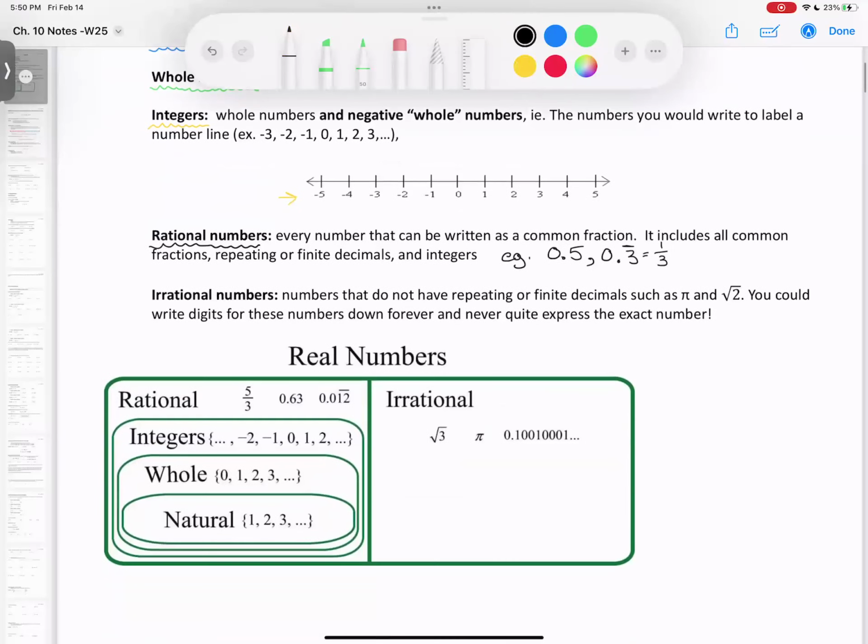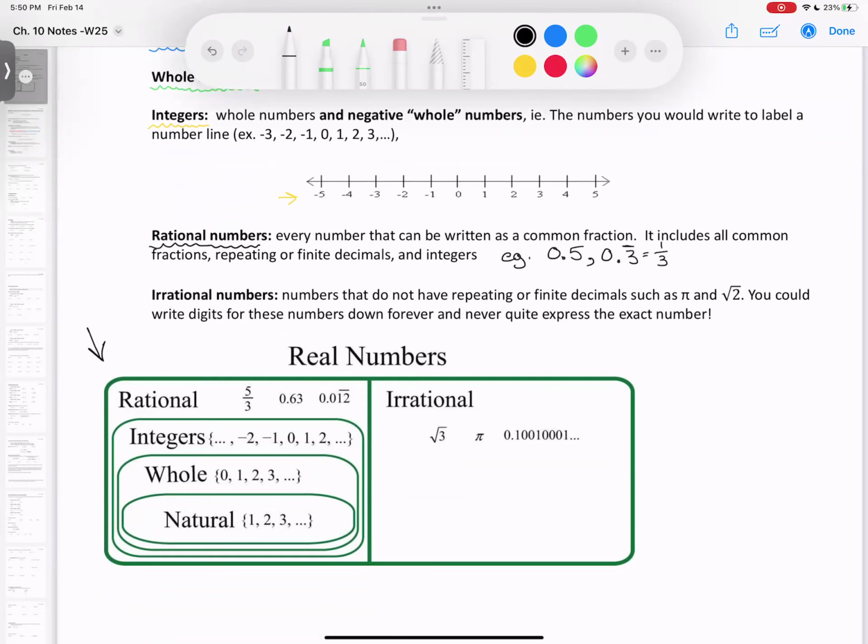Okay, and so if you look at this diagram, we've kind of gone from the smallest set of numbers up to the biggest. So at the bottom there on the left, you have natural numbers. Okay, so the counting numbers you learned as a kid. And then the whole numbers includes all those natural numbers plus the number 0.